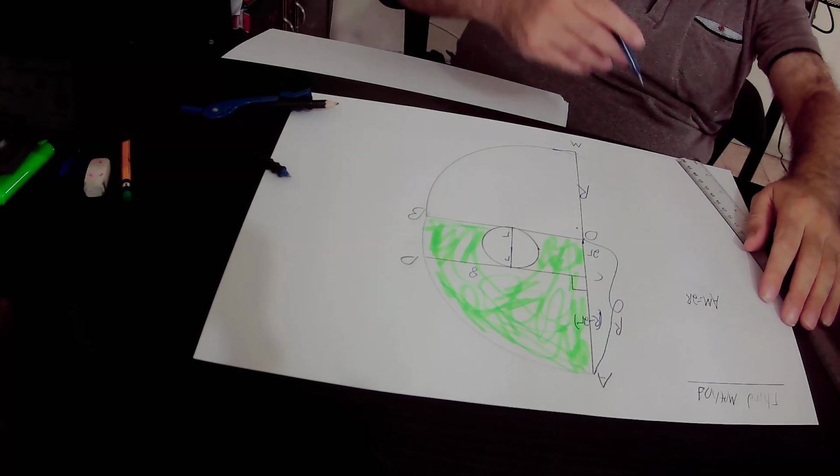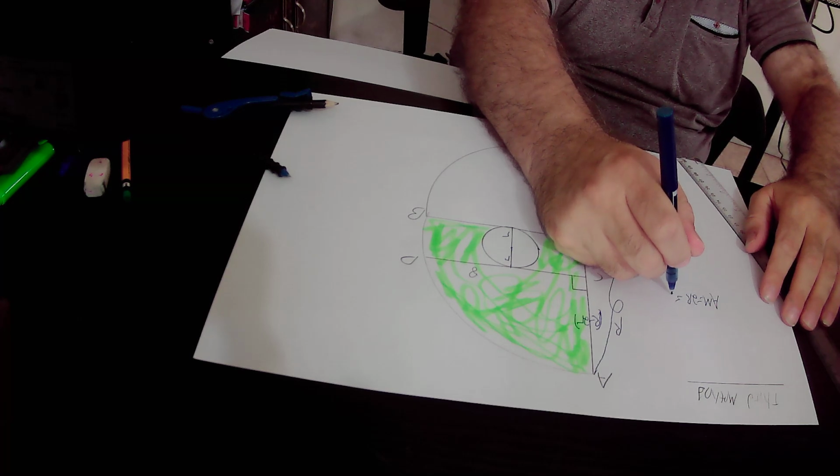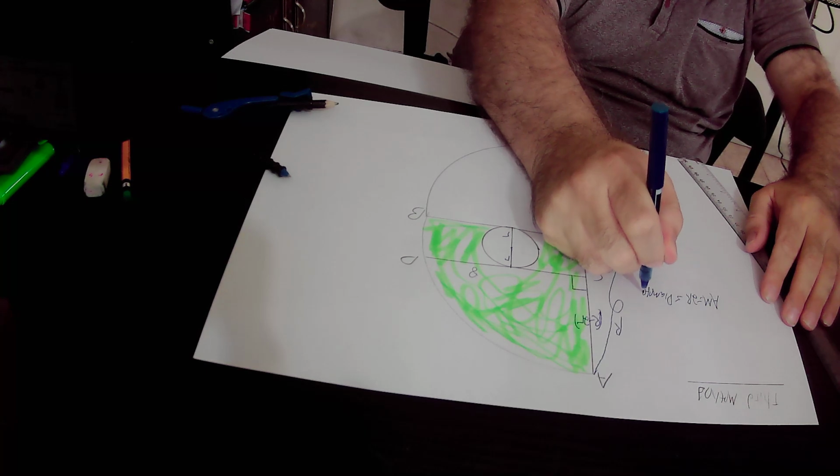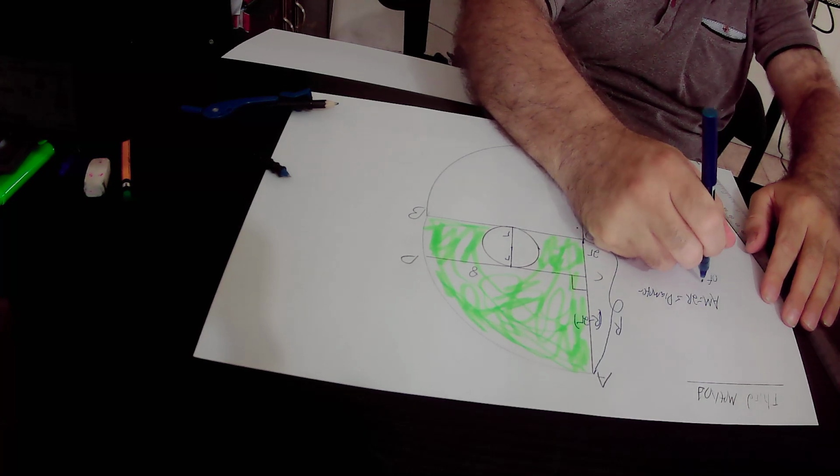So I write it down. AM is the diameter of the semicircle.